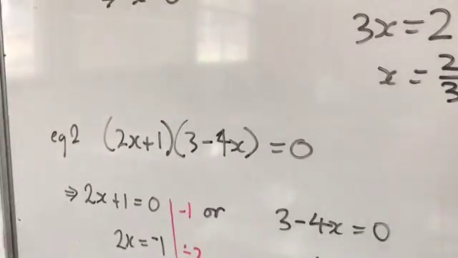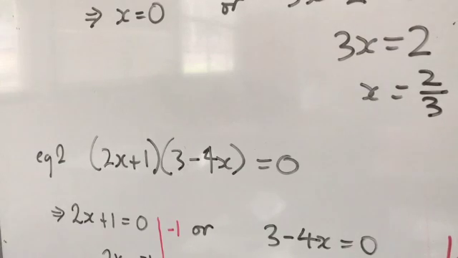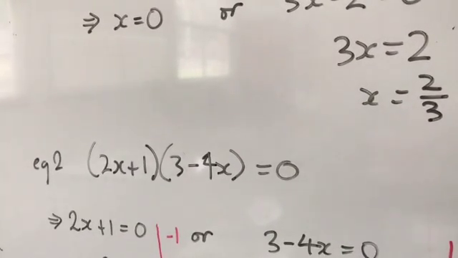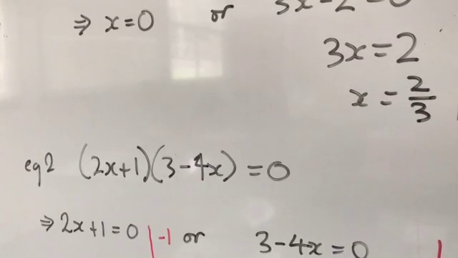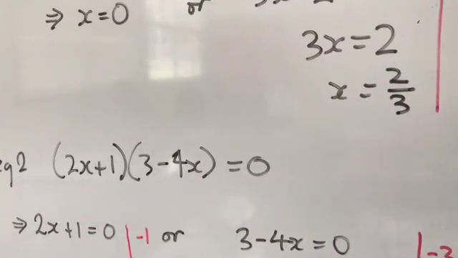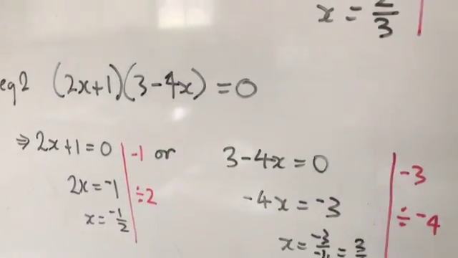Second example here, we've got a quadratic with two linear factors multiplying together. Again, it's already equal to 0, already expressed as a multiplication, so I can go straight to my third step of using the null factor law. Either the first bracket equals 0 or the second bracket equals 0.